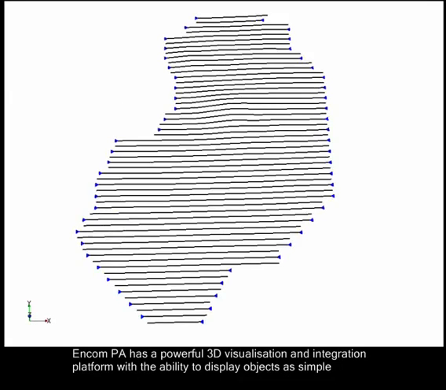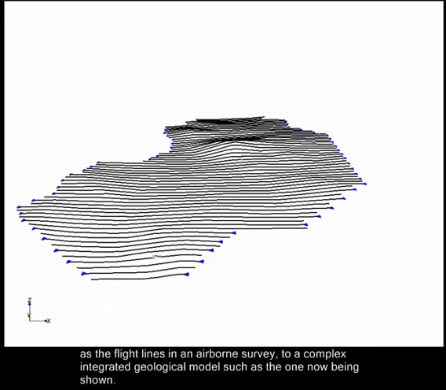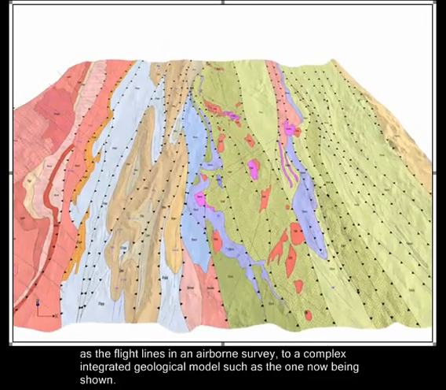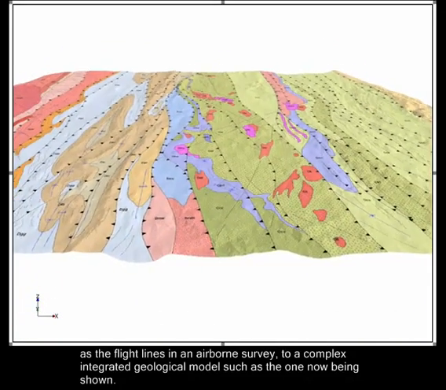EncomPA has a powerful 3D visualization and integration platform with the ability to display objects as simple as the flight lines in an airborne survey to a complex integrated geological model such as the one now being shown.